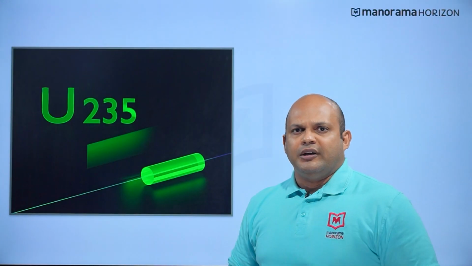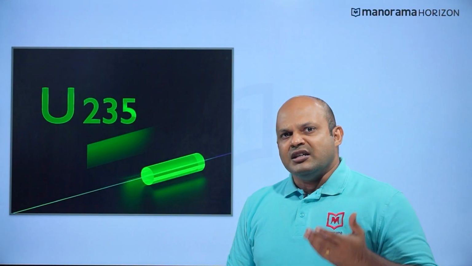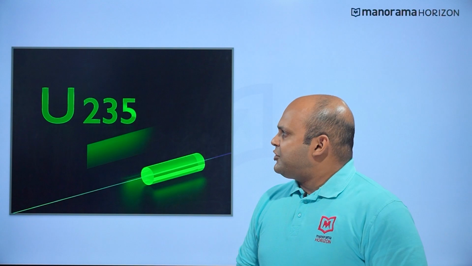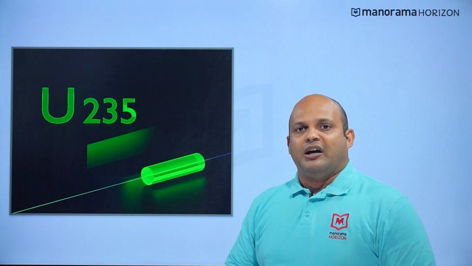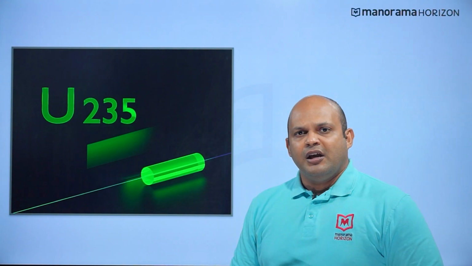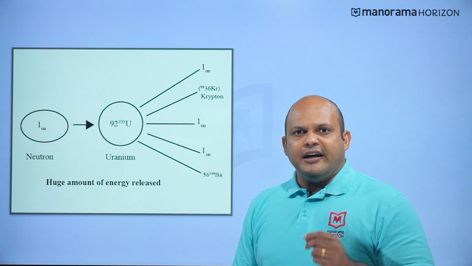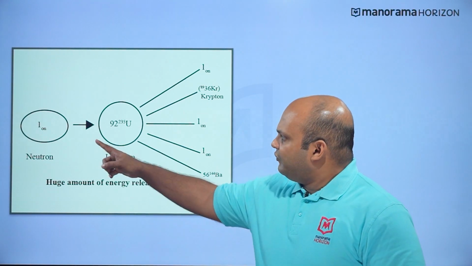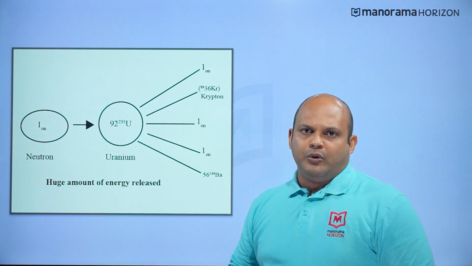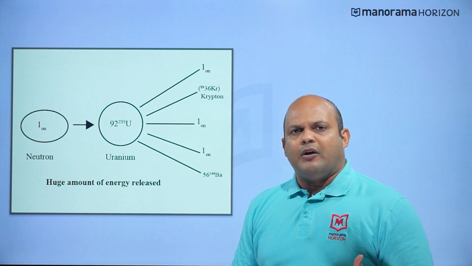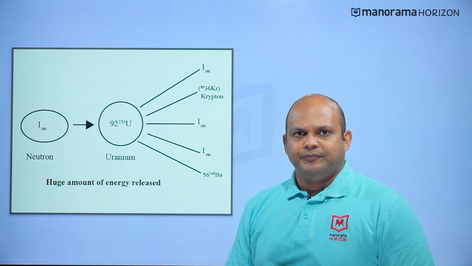What is the catch here? What is the problem with the widespread adoption of this technology? Consider a heavy nucleus that is very unstable. Certain heavy nuclei are naturally very unstable. For example, U-235. U-235, when hit by a slow neutron, will break up into smaller nuclei, releasing huge amounts of radiation and heat.